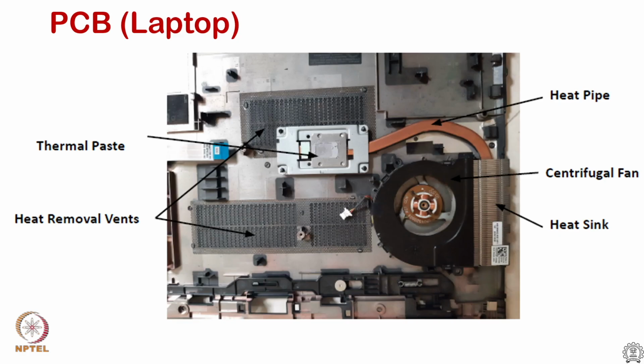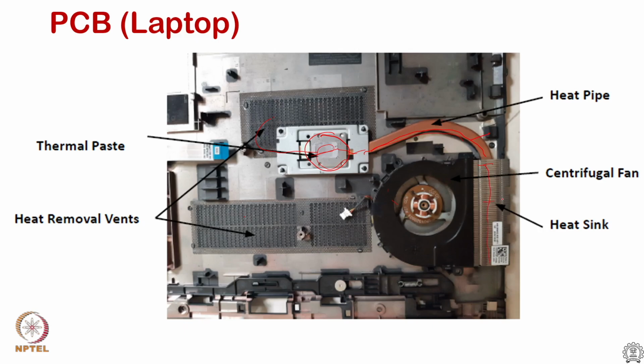For example, this is the example we discussed in the previous module. This is your processor area, and these are vents where air is pulled in by this fan. The air pulled in will cool a little bit of this, but then it gets the heat from the processor through this copper heat pipe, delivered to a set of fins.